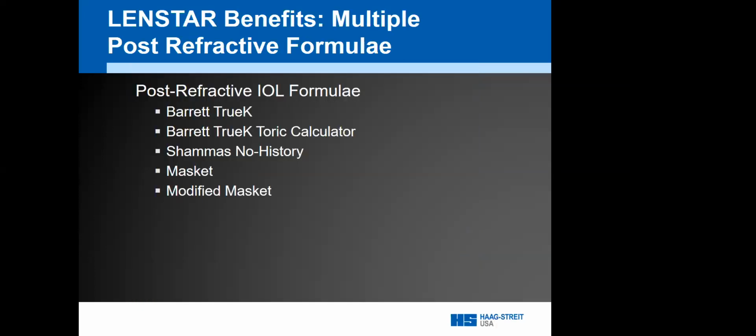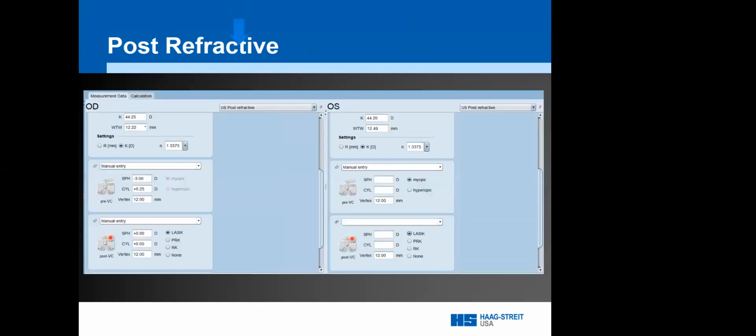Now, in our latest software, we also have lots of post-refractive formula options: Barrett True-K, the Barrett True-K toric calculator, Shamus no history, Masket, and modified Masket. In the measurement data, after we click the IOL icon to perform a new calculation, we can change a setting here. Usually that says simply US.